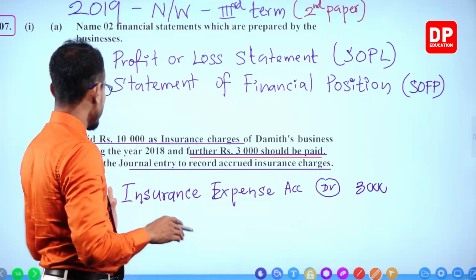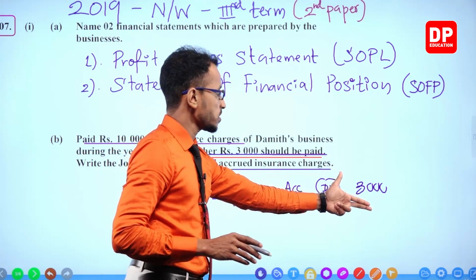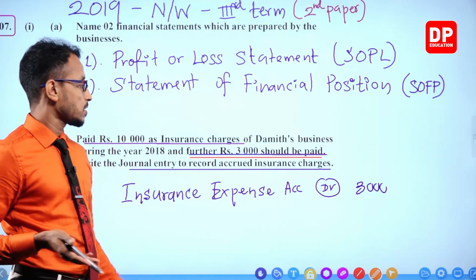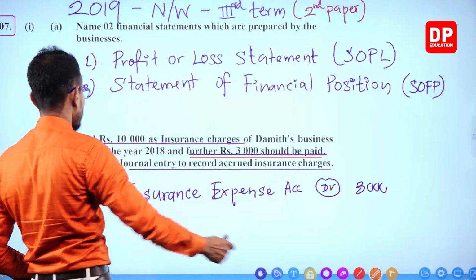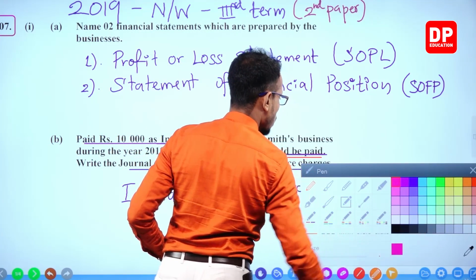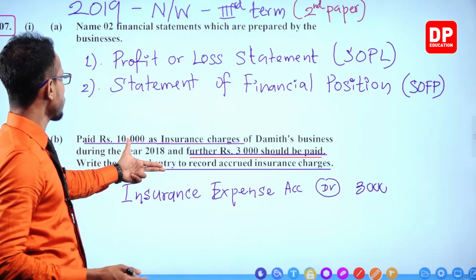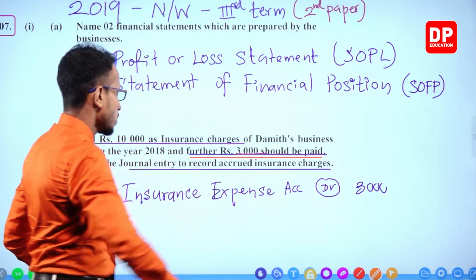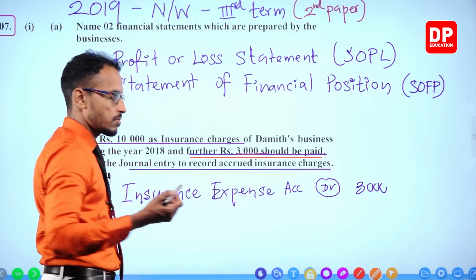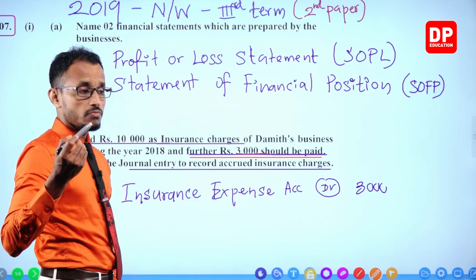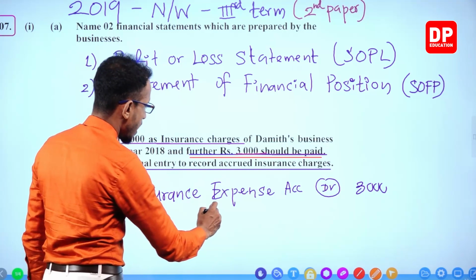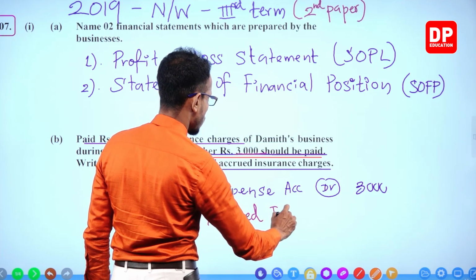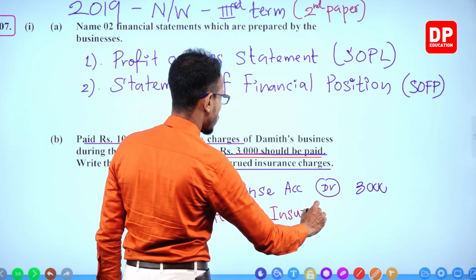That is why we debit this 3,000 although it is unpaid, to record it as an expense. Then because it is unpaid, accrued insurance, we record it in a separate account called accrued insurance account.